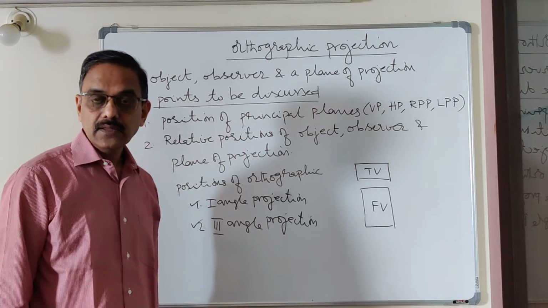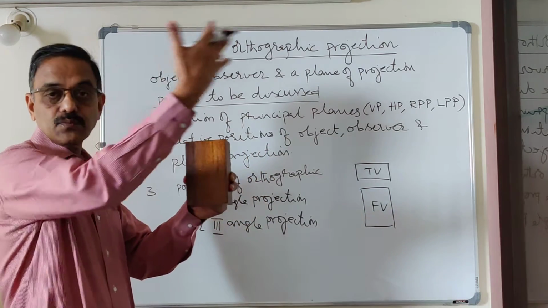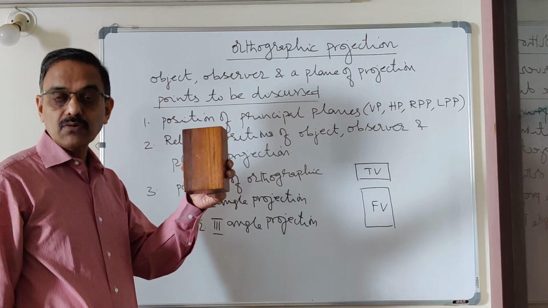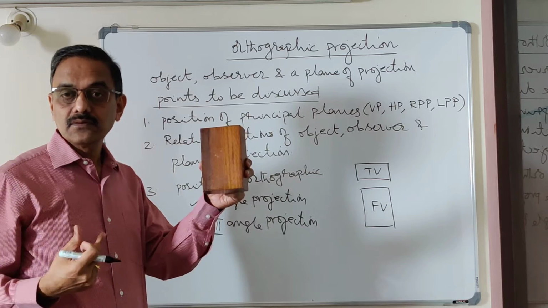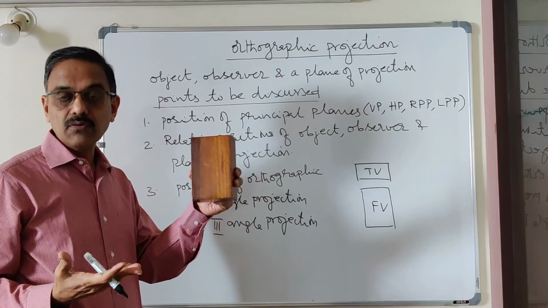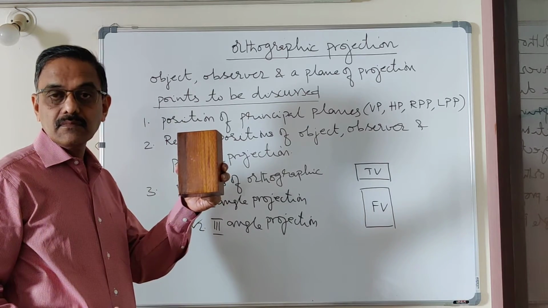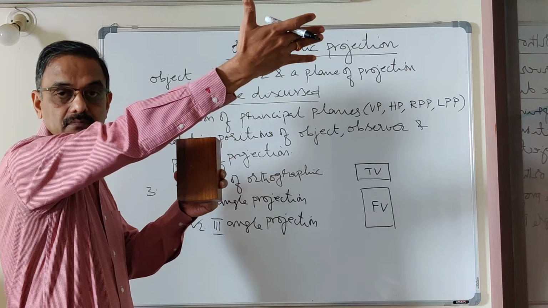Now, getting the right side view. If you want the right side view of the object, the observer has to move to the right. And which plane are you going to use now? Are you going to use the right wall or left wall? You should use the right wall only now, because the plane has to come in between. And where is the position of the observer? On the other side of the wall.